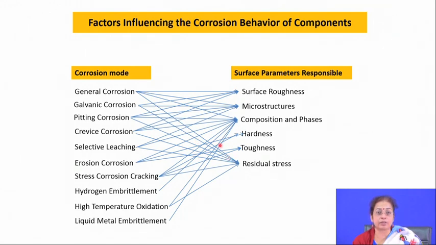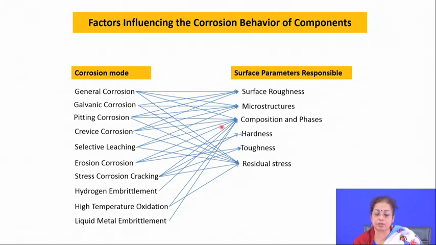For galvanic corrosion, again surface material composition, roughness, microstructure and residual stress are important. For pitting corrosion, again surface roughness, microstructure, composition and residual stress are important. Crevice corrosion is the same.